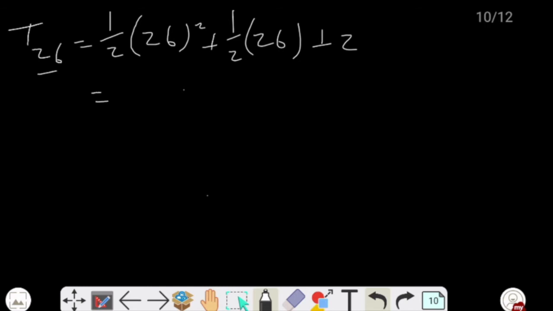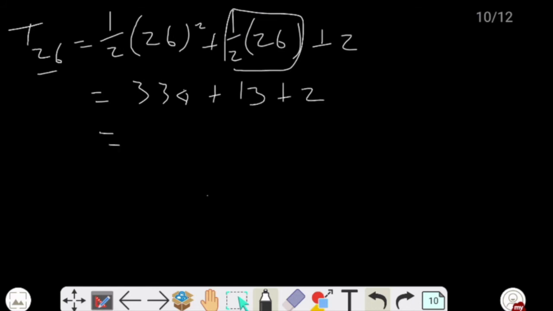If you calculate this, 26 squared, and then whatever you get you multiply by a half, which will be 338, and 26 times a half will give you 13, plus 2. Then you simply add those together and you will find T26 will be 353.